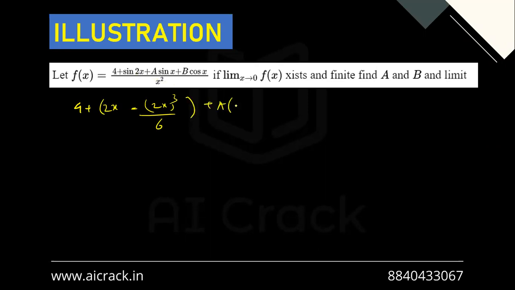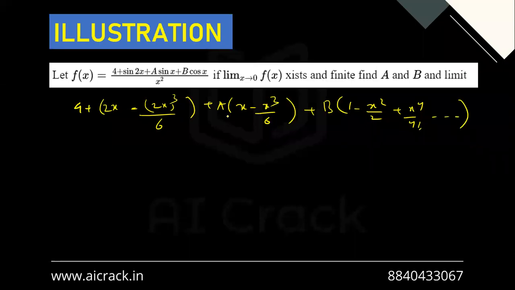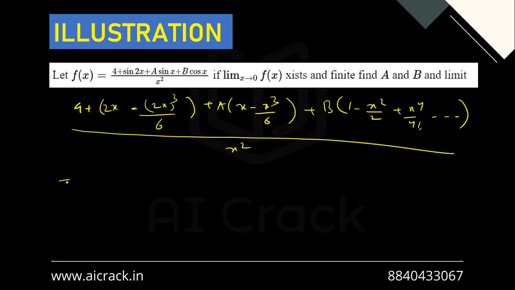Plus a times x minus x cube by 6 plus b times 1 minus x square by 2 plus x4 by 4 factorial and so on, divided by x square. So the constant term we get is 4 plus b. So this one and this one, we don't have any other constant term.